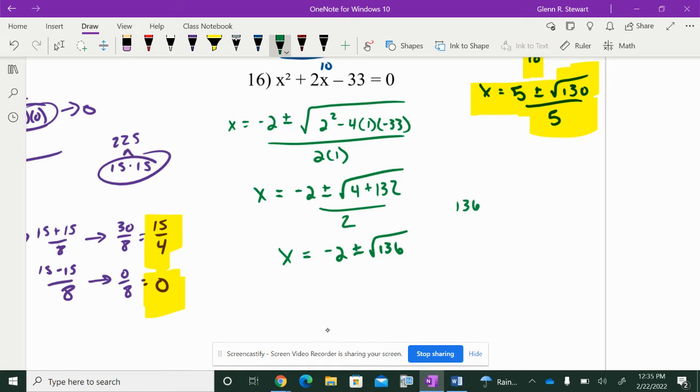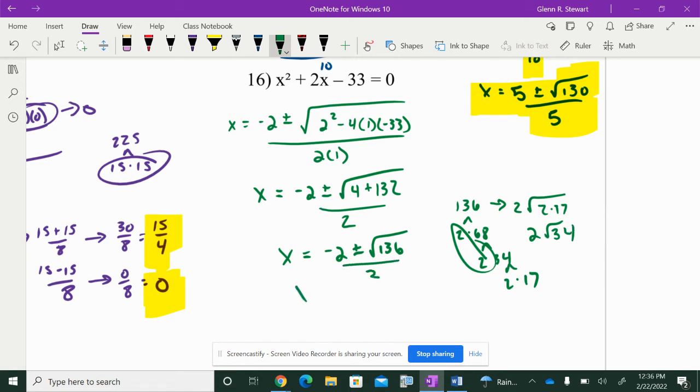136 divided by 2 is 68. So 2 and 68. And 68 is 2 and 34. 34 is 2 and 17. So I've at least got these twos. So this is really 2 root 2 times 17, or 2 root 34. So all over 2.